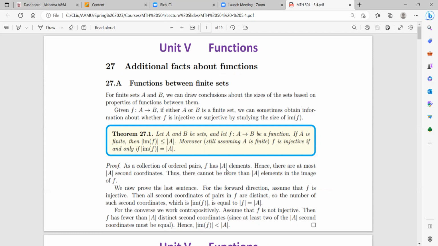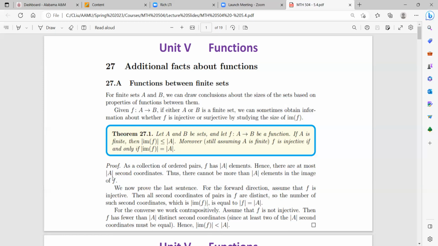Because each ordered pair corresponds to an element in set A. So then you have at most size A second coordinates, right? Because each ordered pair has one second coordinate.